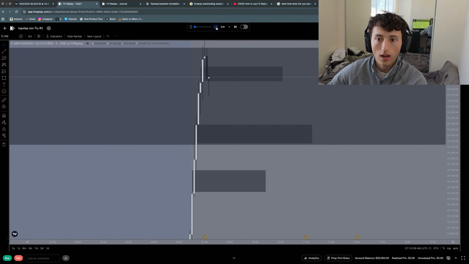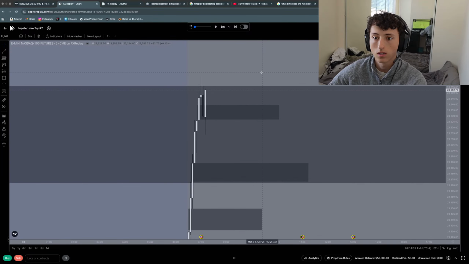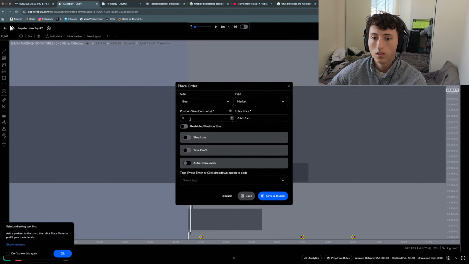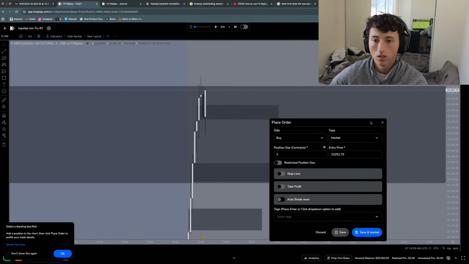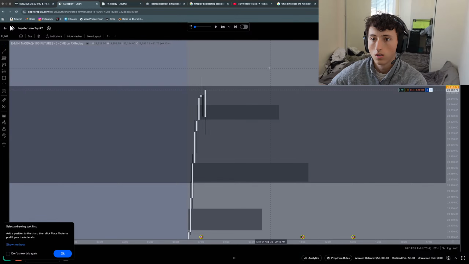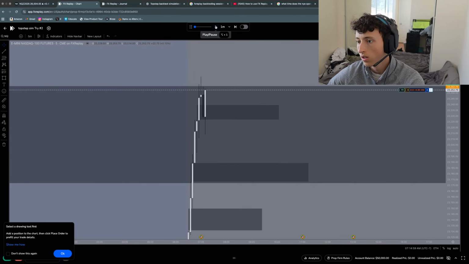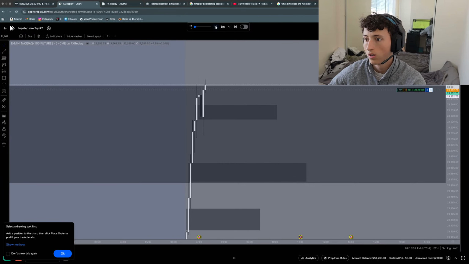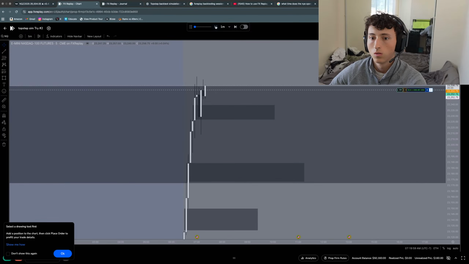Gap inside the gap. Looks like we're gonna retest. So I should honestly enter 2 contracts. Market. Shit.